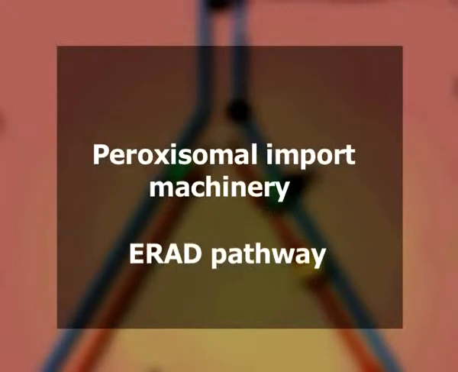Evidences against endosymbiotic origin and in favor of endoplasmic reticulum origin include the following. Number 1, peroxisome-less mutants can restore peroxisomes upon introduction of the wild-type gene through transformation. Number 2, homology between the peroxisomal import machinery and the ERAD pathway in the endoplasmic reticulum.